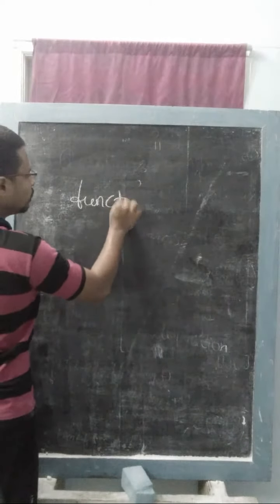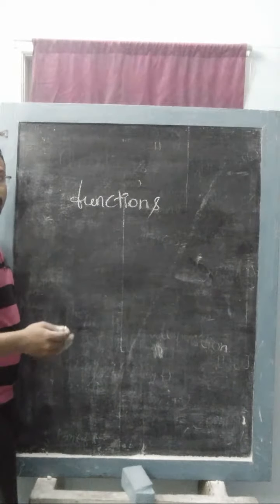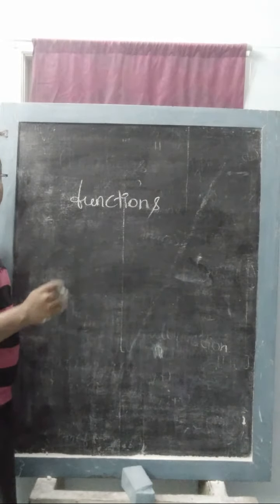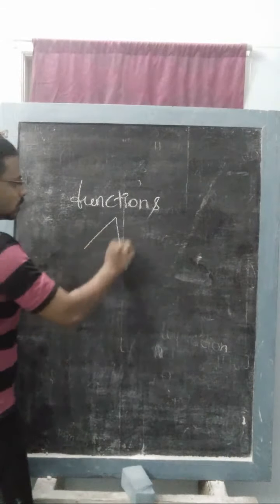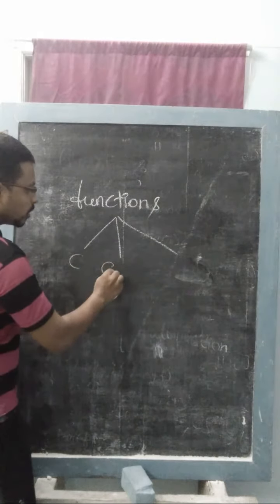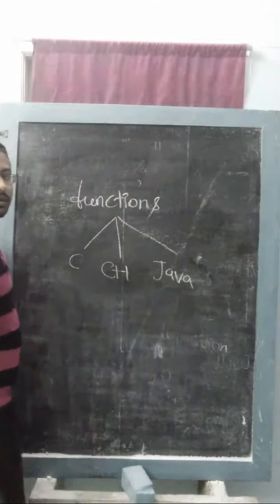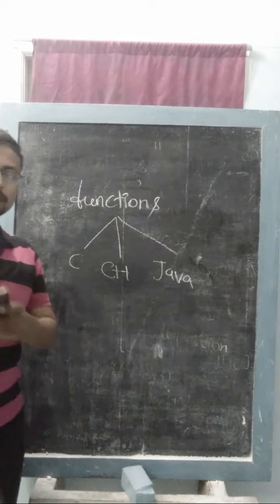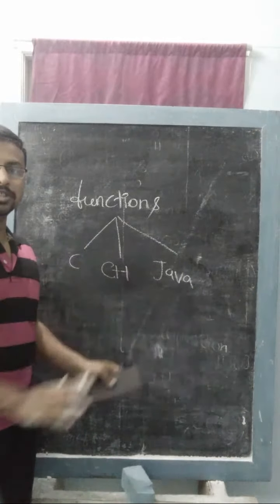In the case of C programming and C++ programming, it is almost the same, but in Java it is completely different. So we are going to split into three classes, one for C, another for C++, and another for Java.